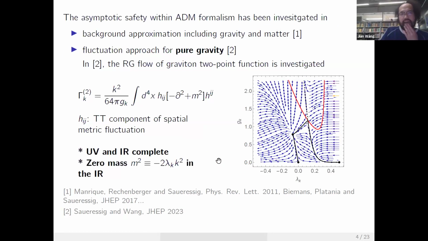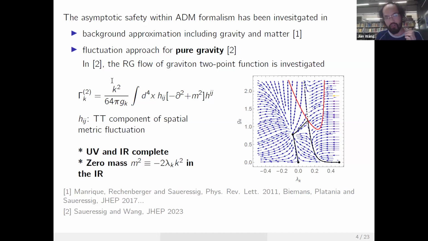In fact, the asymptotic safety program within the ADM formalism has been investigated in several works. At the level of background approximation, it has been considered for both the pure gravity case and the gravity matter system. Well, at the level of the fluctuation approach, it was only done for the pure gravity case.